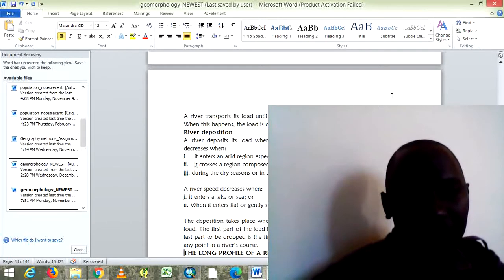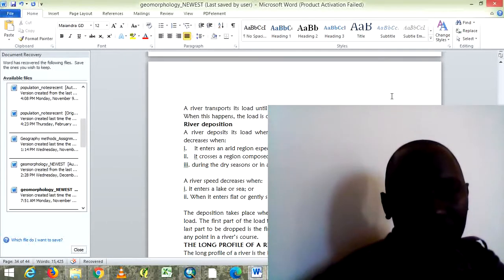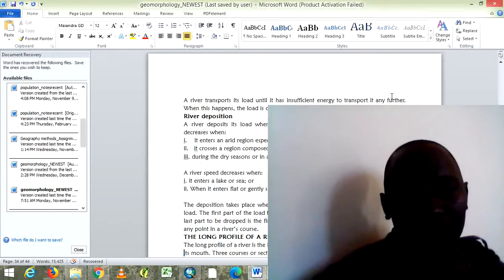A river's speed decreases when it enters a lake, for example the Nile River, when it enters Lake Kyoga, its speed tremendously decreases because it's trying to maneuver through the waters of the lake. It also happens when it enters a flat or gently sloping plain. We know very well that river flow, water flow, is by force of gravity.